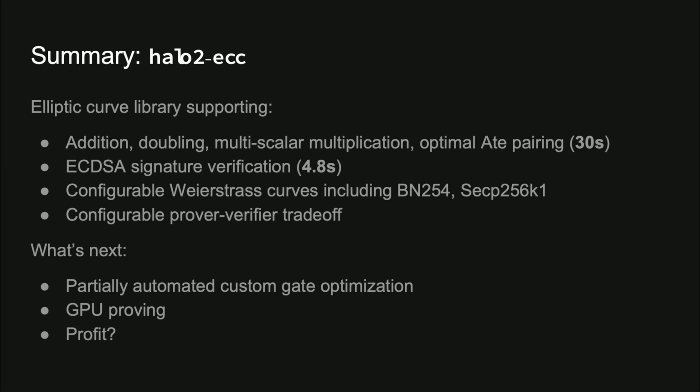So far, we've only used this pretty dumb A plus B times C equals D gate, but we're recently realizing that introducing some custom gates can hopefully allow us to push the prover-verifier trade-off more. So at present, our fastest-to-prove circuits can use roughly 50 to 70 columns, but we're hoping that with more custom gates, we can maybe push that a little bit further.